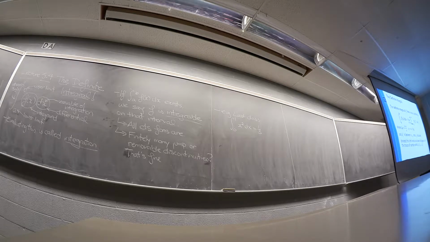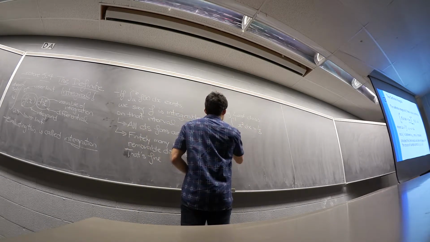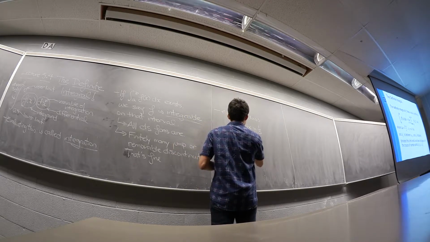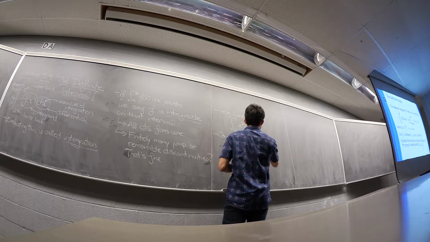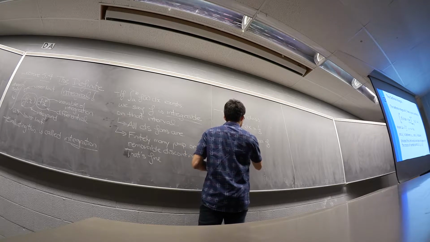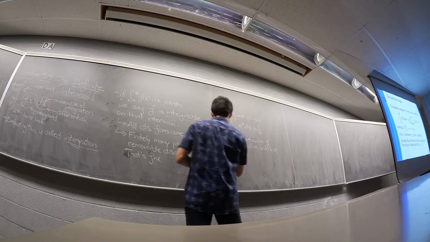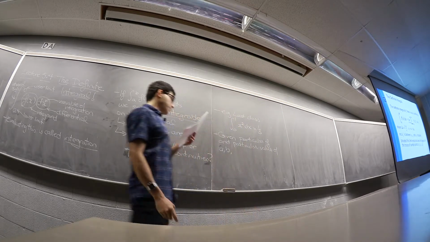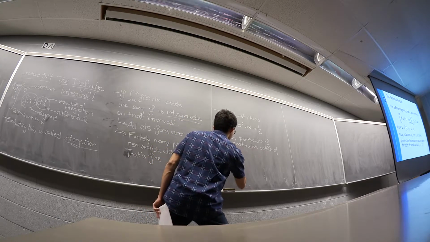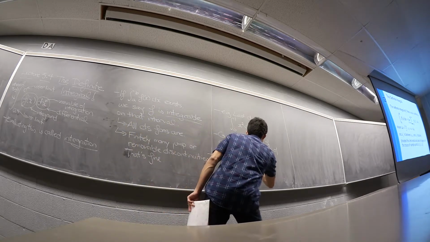So that's a number. Given a particular function f, and particular values of a and b, this is a number.